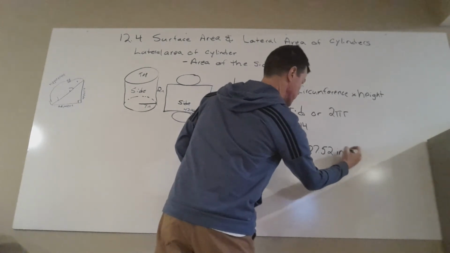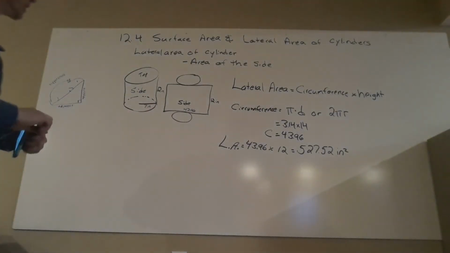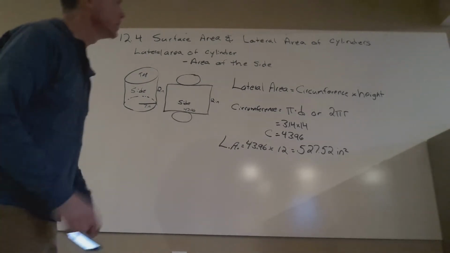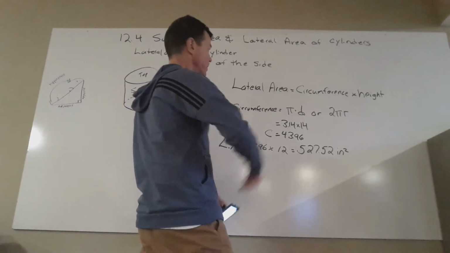And that would be inches squared. So anyway, that's getting your lateral area. Lateral area of this can, we've got that figured out. It's going to be circumference times the height. That's the formula you need for lateral area.